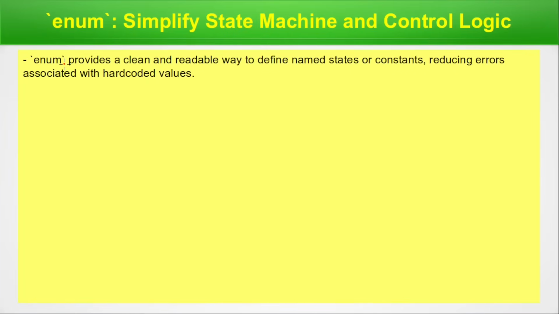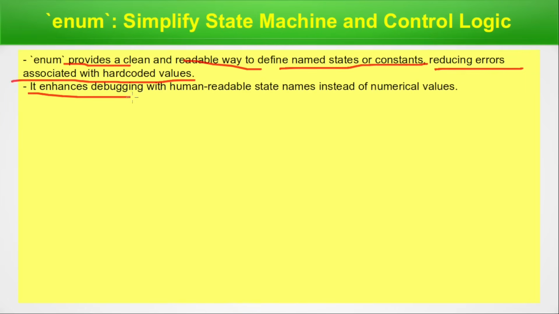So enum provides a clean, readable way of defining names for states and constants, reducing errors associated with hard-coded values. It enhances debugging, with human-readable state names instead of numerical values. Now let us see the example here.